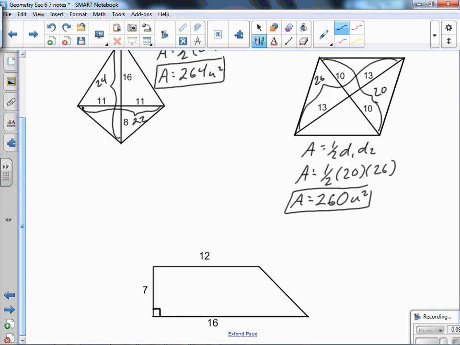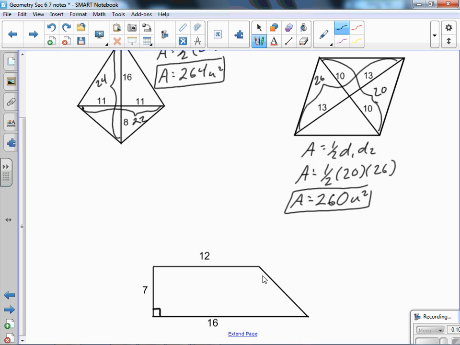What's that? Cut that into a triangle and then rectangle. Not that one. Now we don't have to. We could break it up if we knew enough about it to break it up into a triangle and a rectangle. But as it is right now, we've got two sides that are parallel and two sides that are not, which makes that a trapezoid.